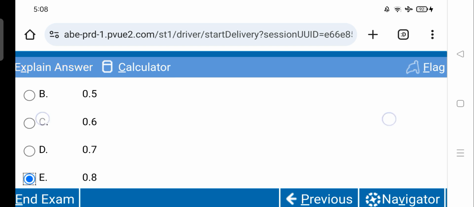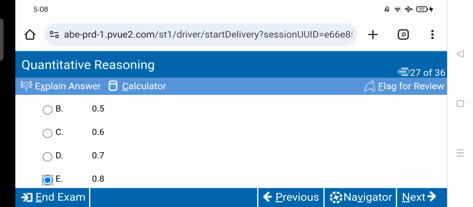So the correct response is option E, which is 0.8.